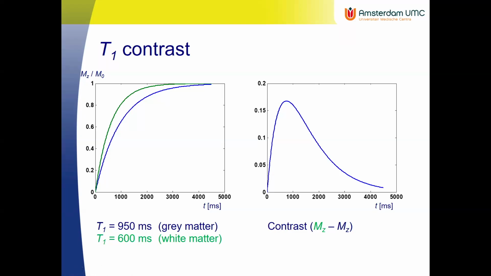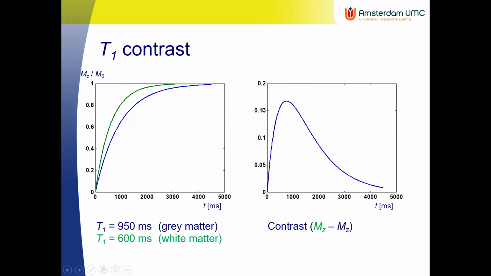If I wait a bit longer, the curves start to split up because one goes faster than the other. And if I wait even longer, they come back close together, because after a very long time both will end up at the equilibrium state. So again, if I wait long enough, there is no signal difference.